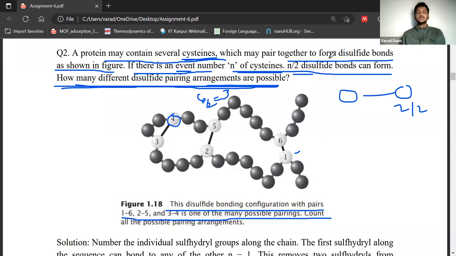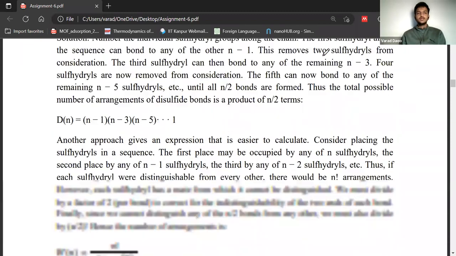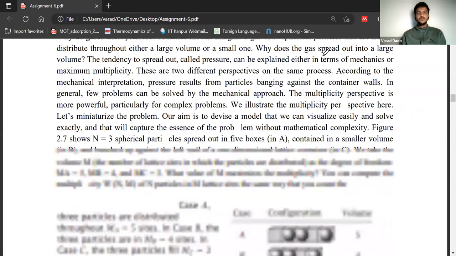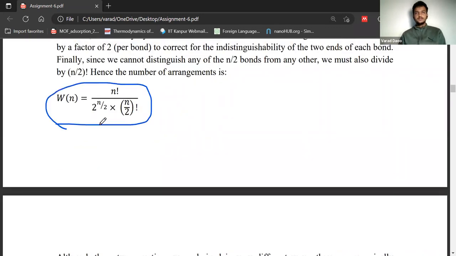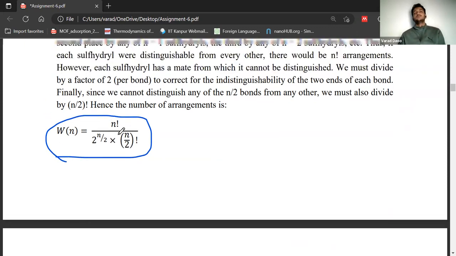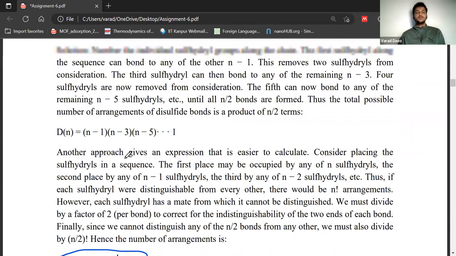Okay. So does anybody have any answer? The possible number of arrangements is this. Does anybody have any answer? Okay, then we'll solve.